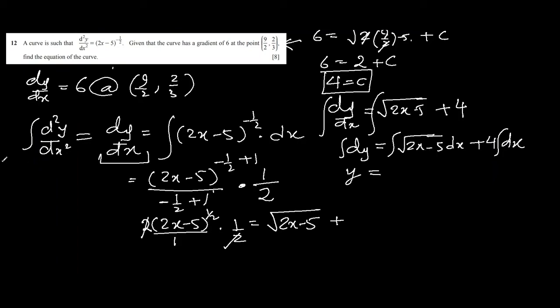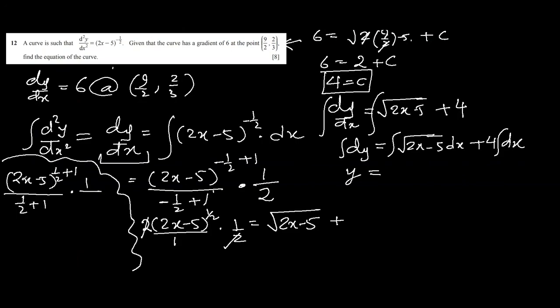Let's do it separately, somewhere here, to save space and keep it clean. So 2x minus 5 square root. This is what I want to integrate. So what will I do? The square root changes to power half, plus 1, divided by half plus 1, and again divide by the differentiation of the content of the bracket, which is 2.